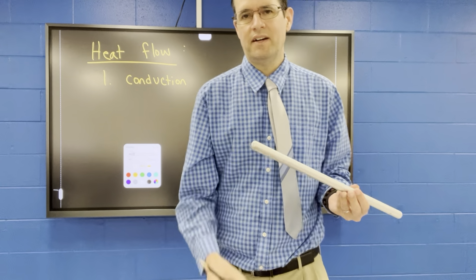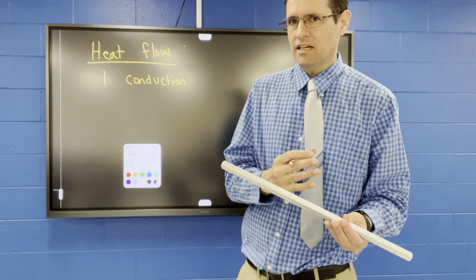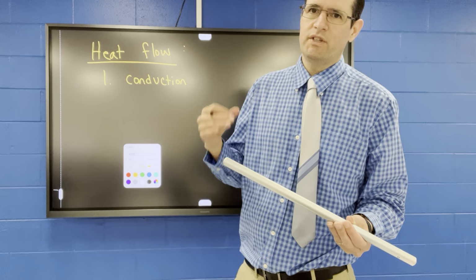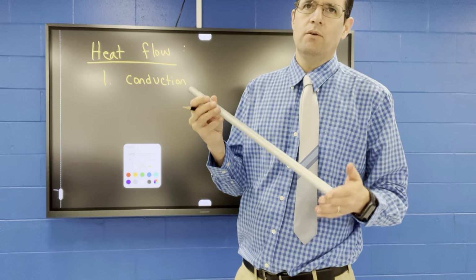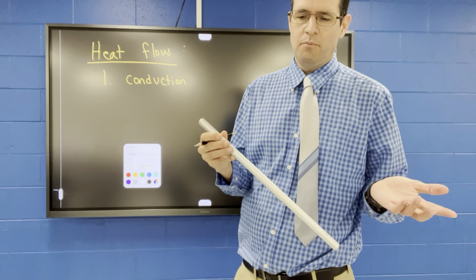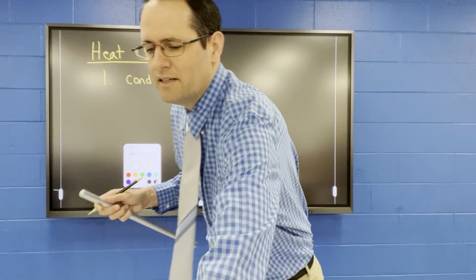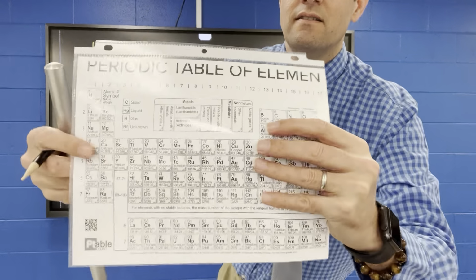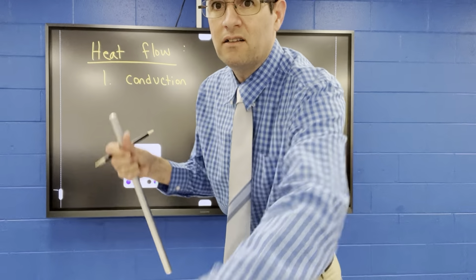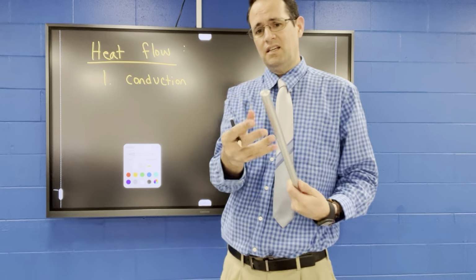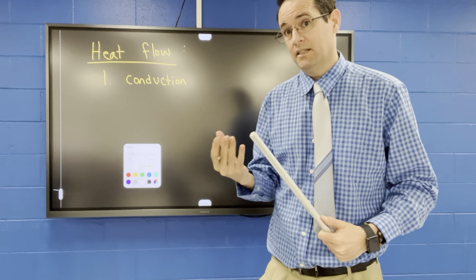Remember how we classified elements in the periodic table as metals, which are conductors, and non-metals, which are insulators? Well, this is aluminum, which is a metal. It's located to the left of the staircase in the periodic table, right here on the periodic table. And it's metallic, it has a shiny appearance to it, it conducts electricity, and it also conducts heat.